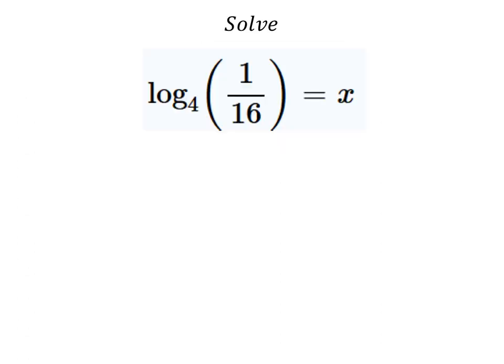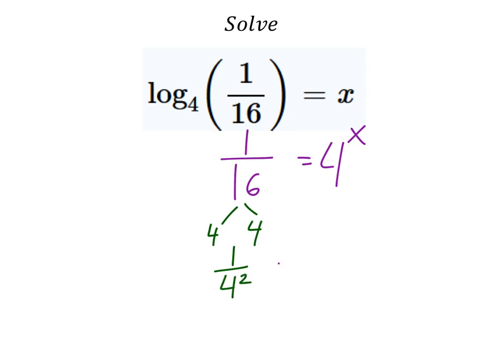So on this one, if I were to change this into exponential form, I'd have 4 to the power of x equals 1 over 16. Factoring, we would want to look at 16, divide it by 4, and see how many times we can divide it by 4 until we get 1. Well, that's just 4 and 4. So I got 2 4s. So 1 over 16 is really 1 over 4 squared, which is 4 to the power of x.